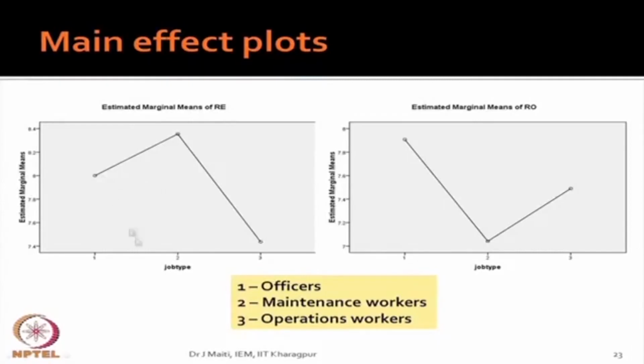Then you go by the relationships. From the relationship point of view, maintenance workers are saying their relationship is a little poor, and there is a reason. Maintenance is an unstructured job. For example, suppose there is a machine under breakdown. That machine requires electrical people, maybe mechanical people together.